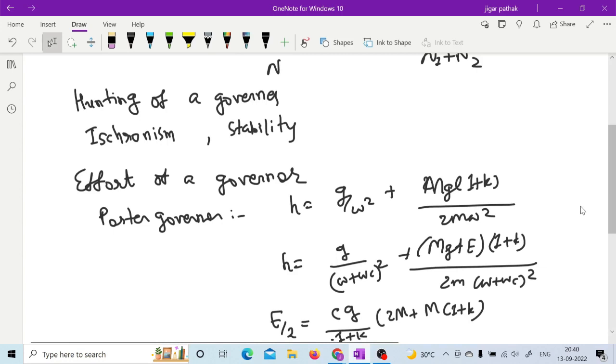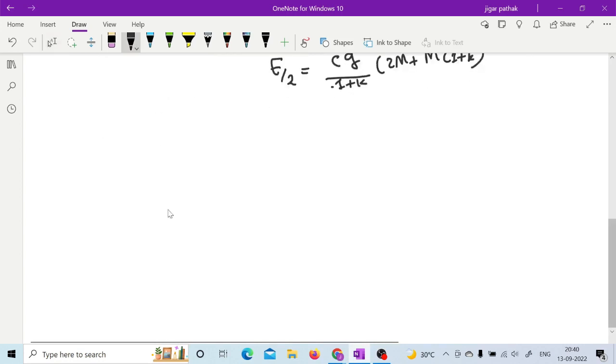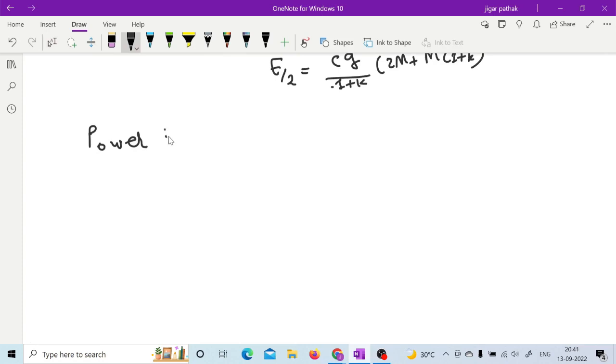Once you are done with effort of governor, you can also calculate the power of a governor. Power is the work done per particular time, right? Rate of doing work is power.